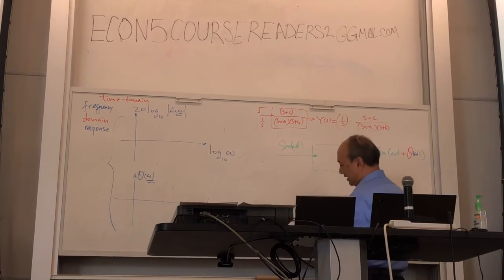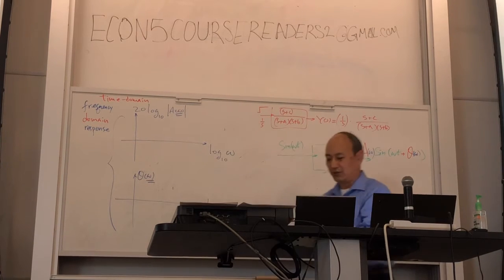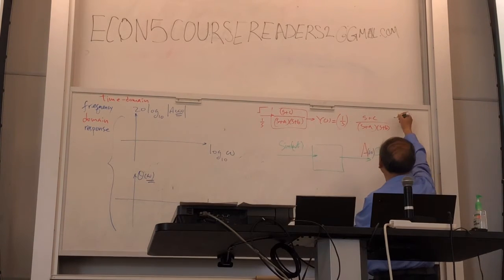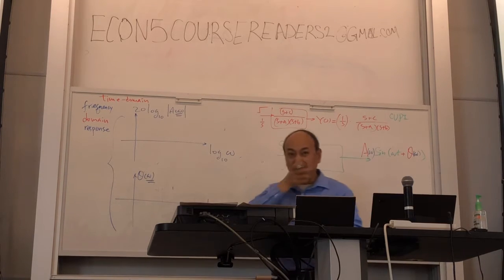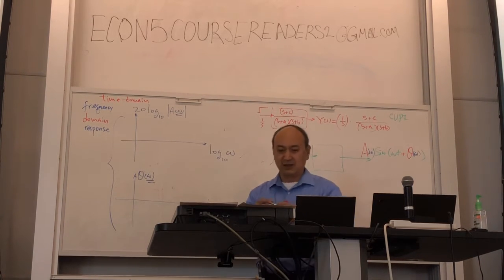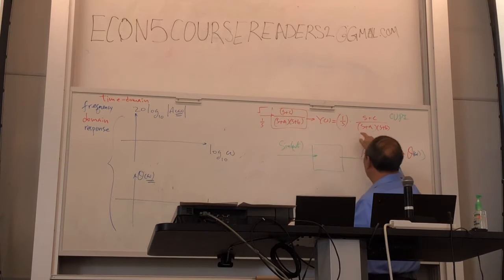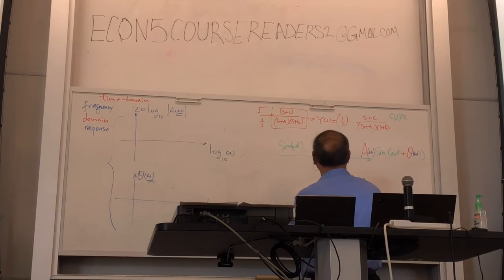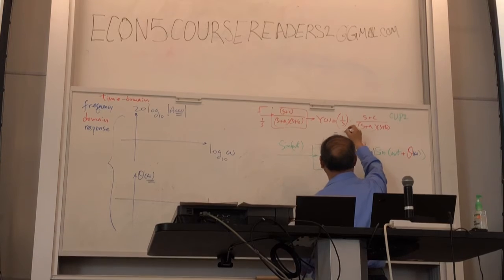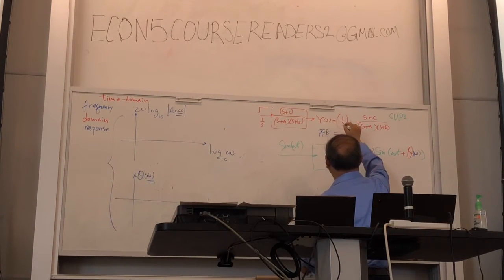So I told you last time we need to use a shortcut, called cover up and plug in. Cover up and plug in. Then it's much easier, you can write a form called PFE, partial fraction expansion.